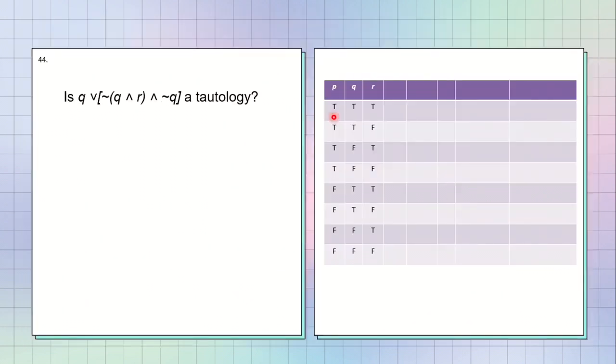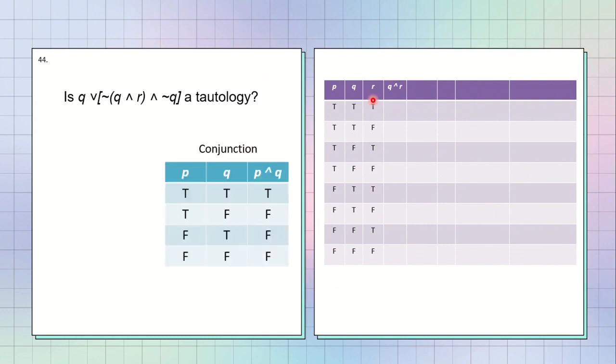Number 2 example. Is Q or open bracket, Q and R, and not Q a tautology? On the table, we have here the values of propositions P, Q, and R. On the fourth column, we will get the value of Q and R, the conjunction of Q and R. So let us look at the truth table of conjunction to answer the fourth column.